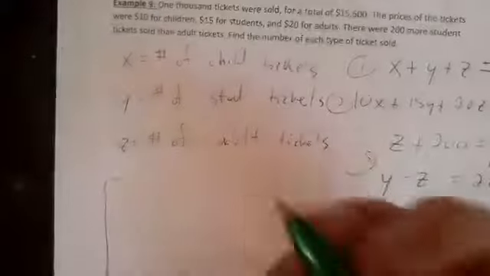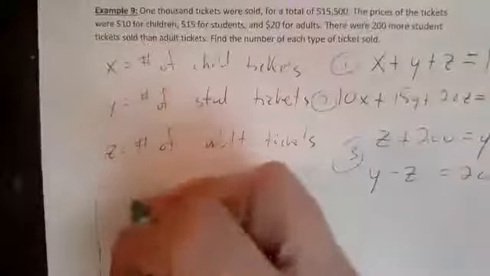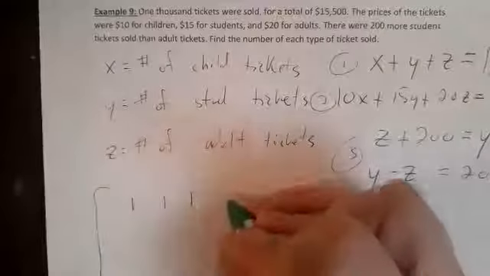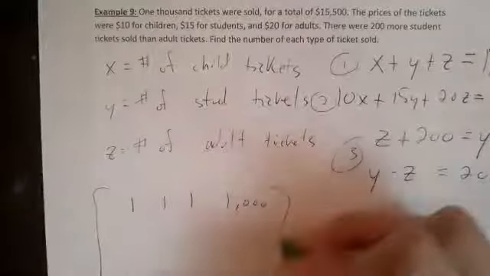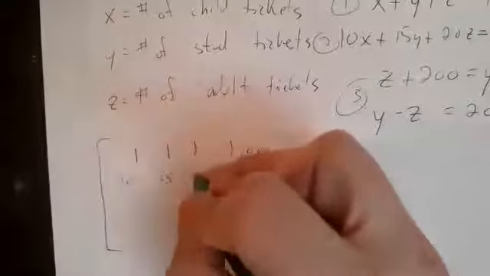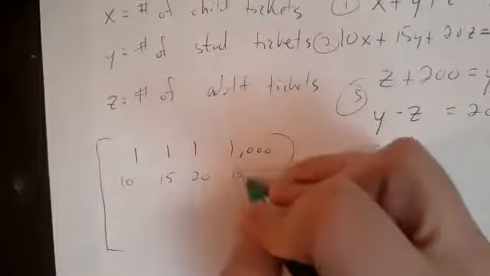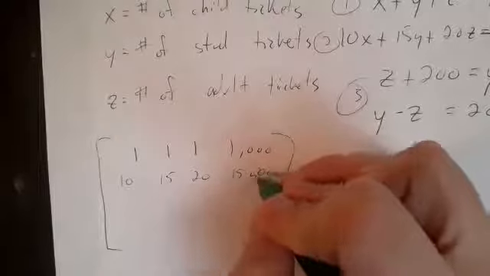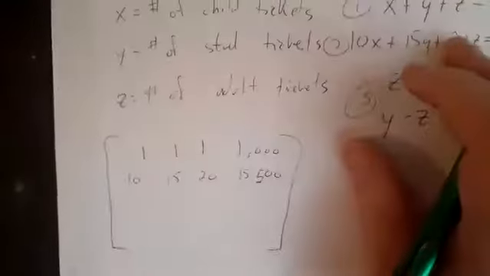We need to put them in a matrix. So I'm putting that first 1, 1, 1, 1,000. That should be my first line. Next thing should look like 10, 15, 20, 15,500.